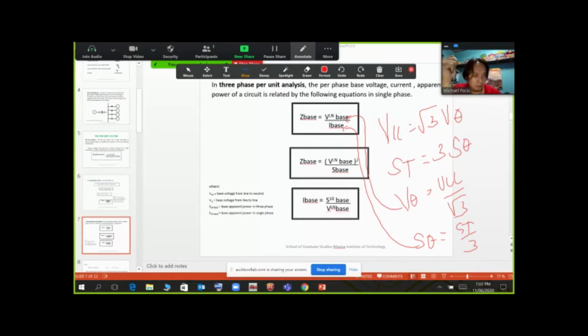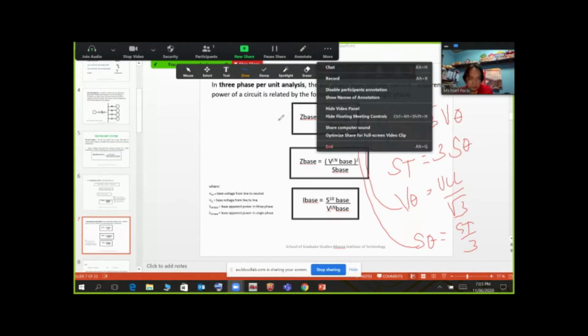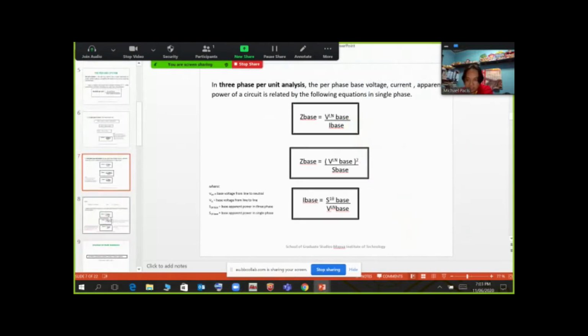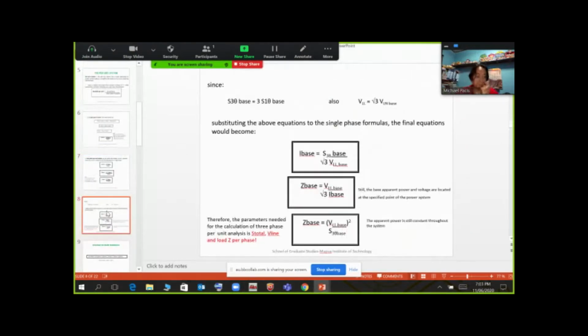And then it will yield an answer where some of the equations will be divided by square root of 3. So you can see the formulas here, just substitute in terms of line-to-line values and total apparent power ST. If you do so, we can have these equations at the next slide, which is a very, very important equation for three-phase.